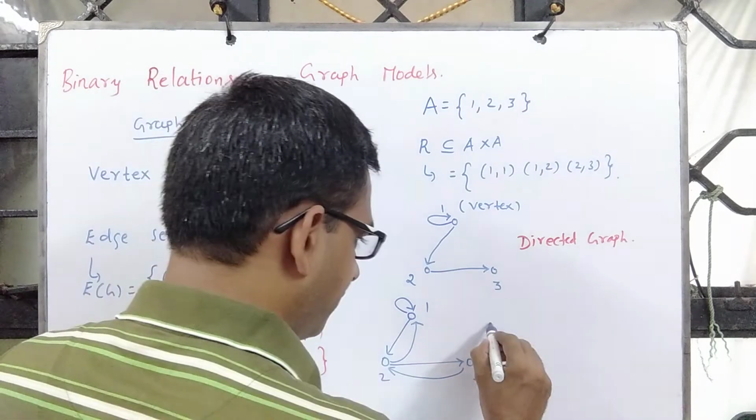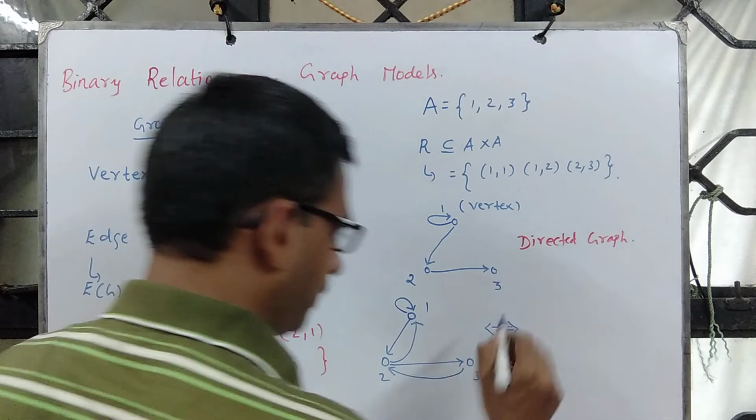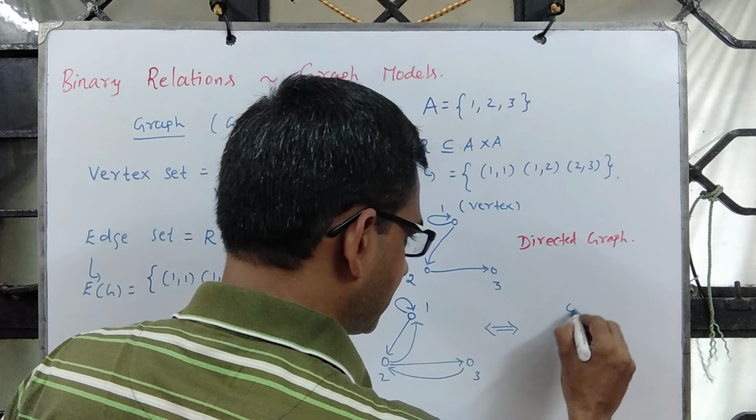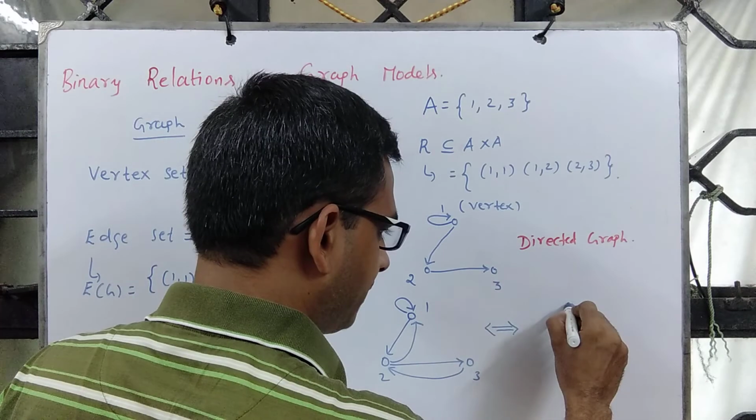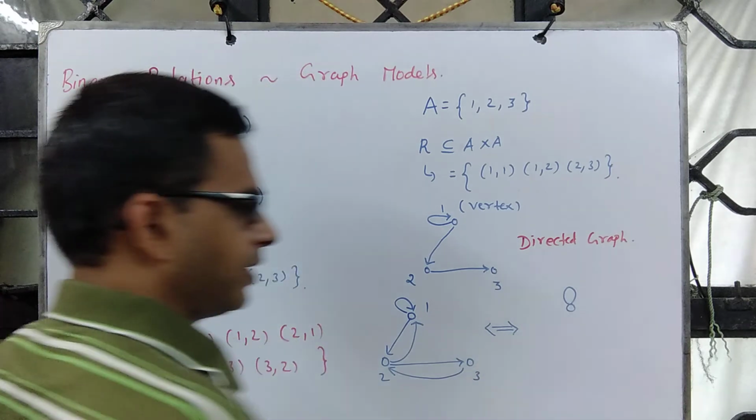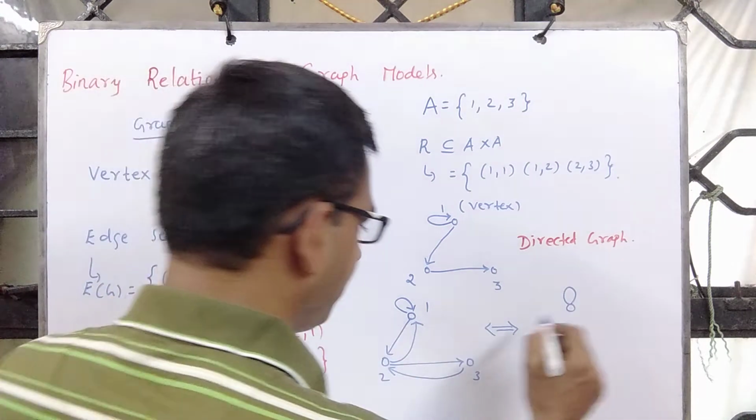This graph is equivalent to drawing like this. Since there is an arc from 1 to 1, even if you drop the arc, it still conveys the meaning.